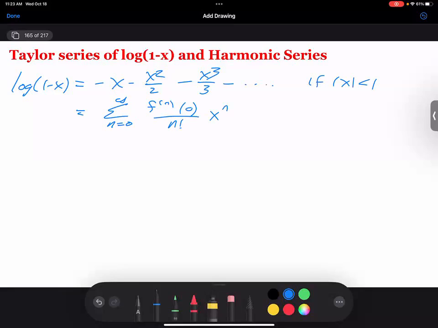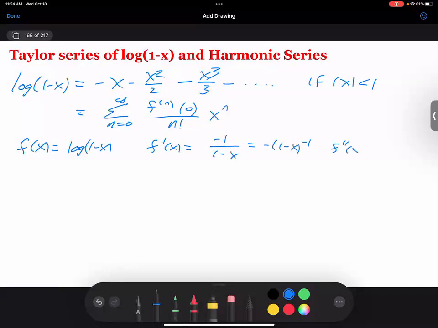Here, f of x is the log of 1 minus x. f prime of x is going to be 1 over 1 minus x, and I take the derivative of 1 minus x. And what do I get when I take the derivative? Negative 1. And I'm going to write that as negative (1 minus x) to the negative 1.